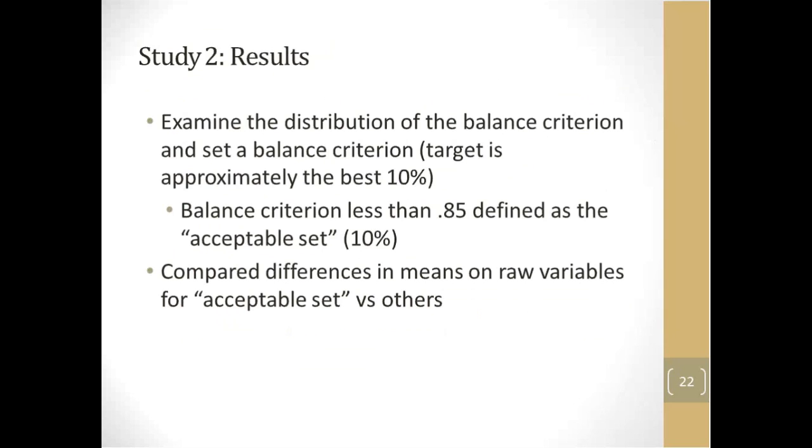So the next step, again, is to examine the distribution of the balance criterion and to set a target. And once again, we wanted to choose approximately the best 10%. And then compare differences on the raw variables for the acceptable set versus the other to see how well it worked.